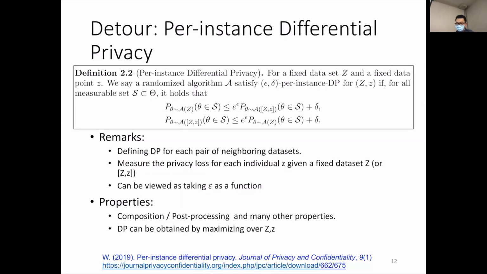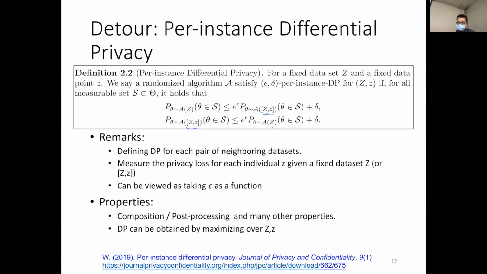So instead of requiring this inequality to be true for all neighboring data sets Z and Z prime, and in this case Z and Z adding one individual, or if you flip it around, this is Z concatenated with this little z, and the alternative data set would be this Z itself with this additional data point little z removed.